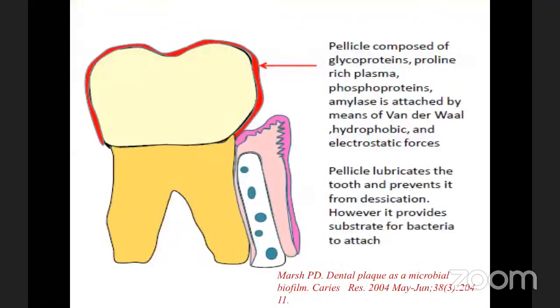The pellicle is composed of glycoproteins, proline-rich proteins, phosphoproteins, amylase, and different types of forces are present. In addition, there are different phases. Initial phase.